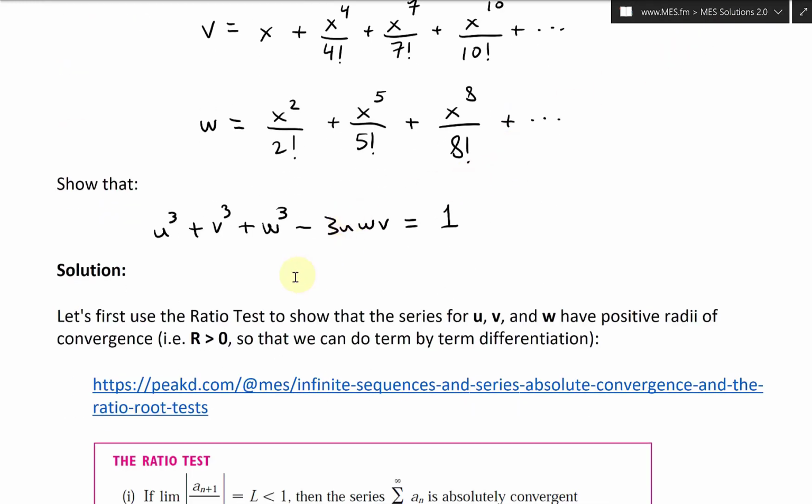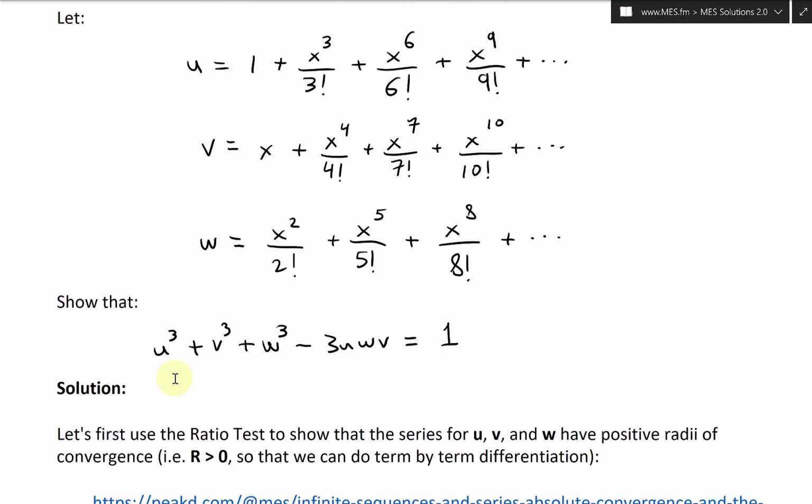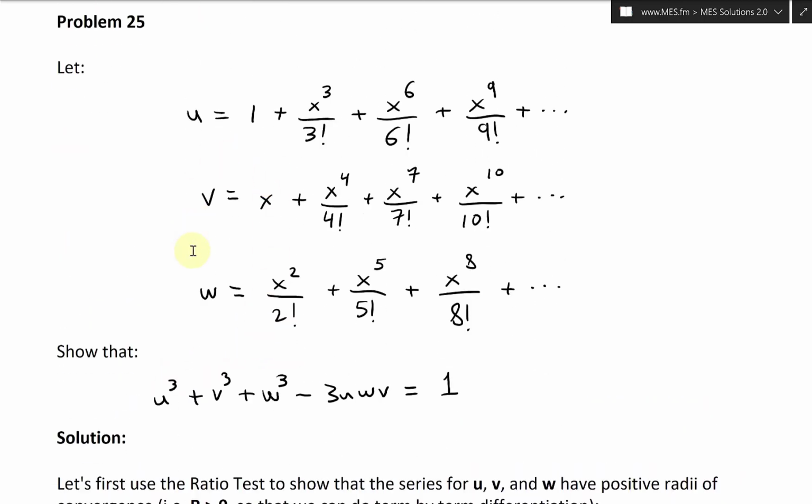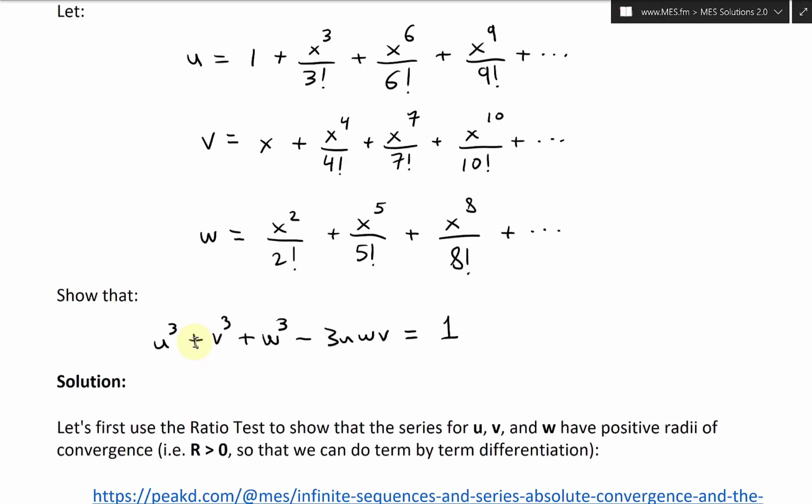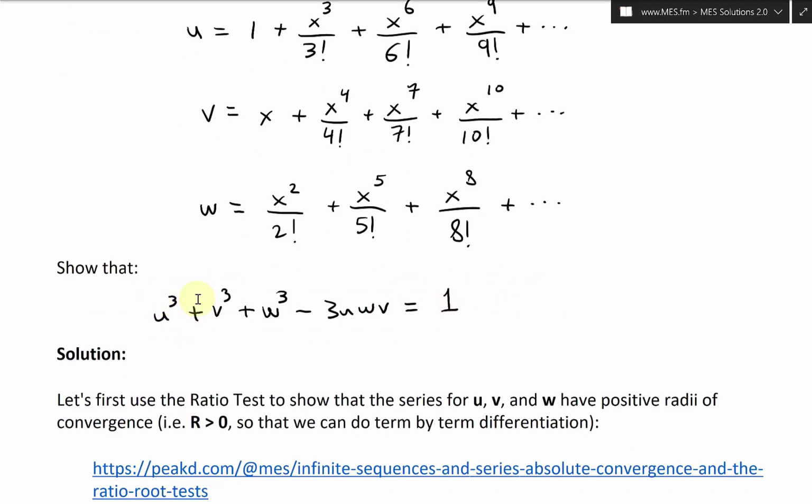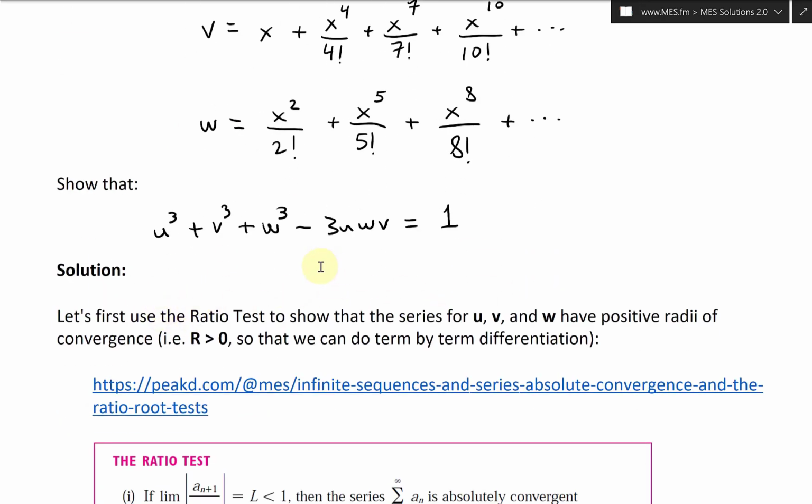Alright, now let's take a look at the solution. Again, we're going to be taking derivatives of this and then doing implicit differentiation. But first, we need to show that we can take derivatives.